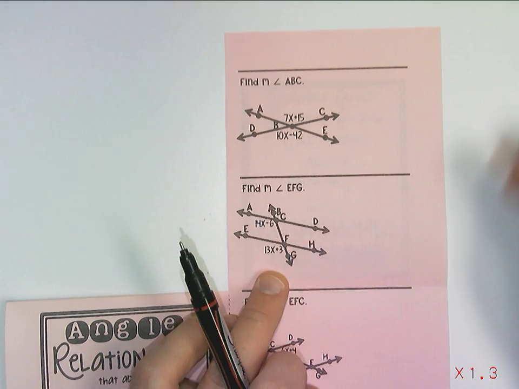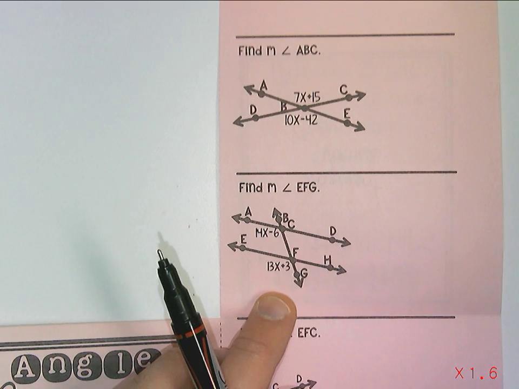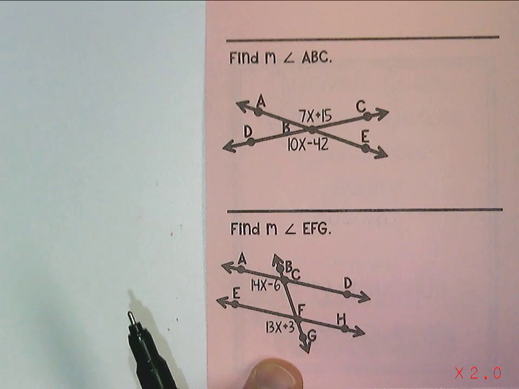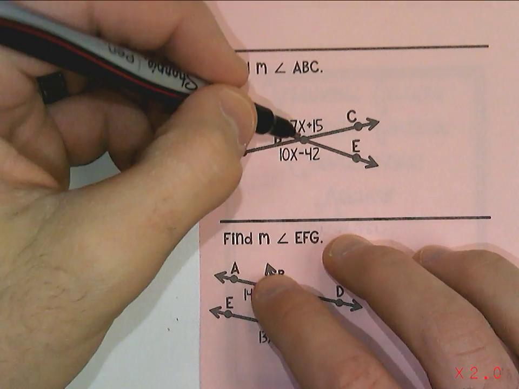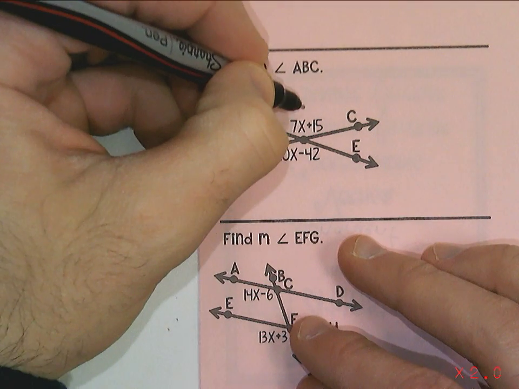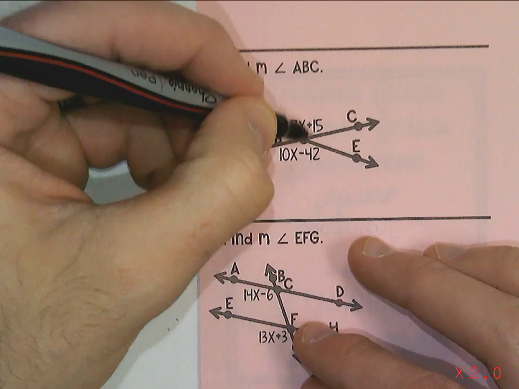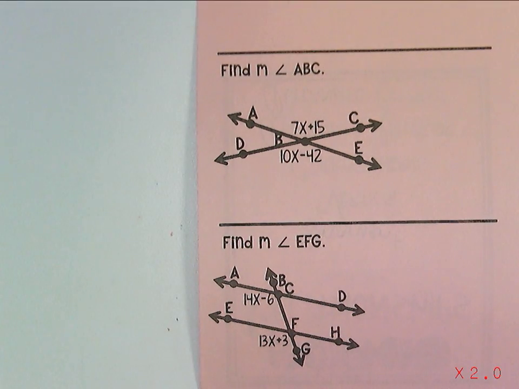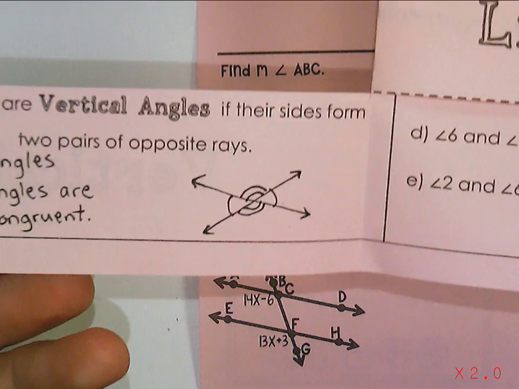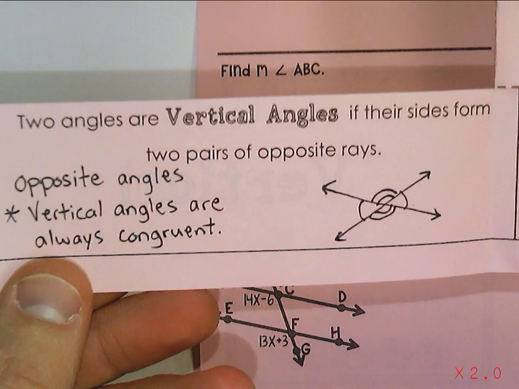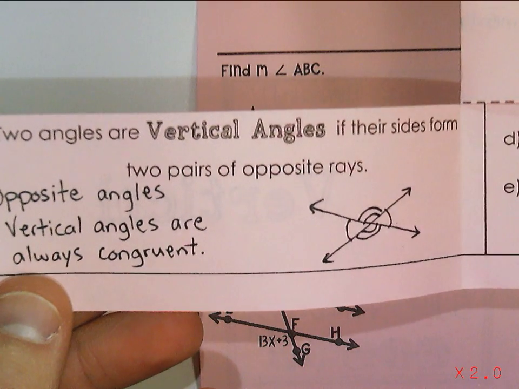So let's start with 1 up top, and identifying the type of angles first. So these types of angles, if they're basically across from one another, if you remember back to our foldable from yesterday, vertical angles, right? They are opposite angles from each other, so that means they're vertical.